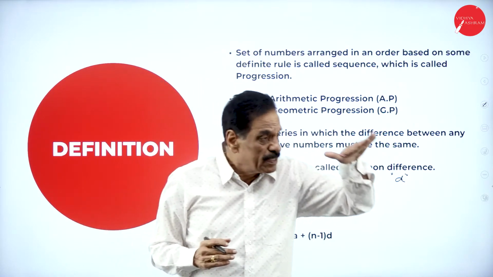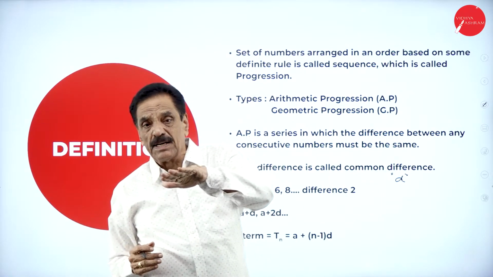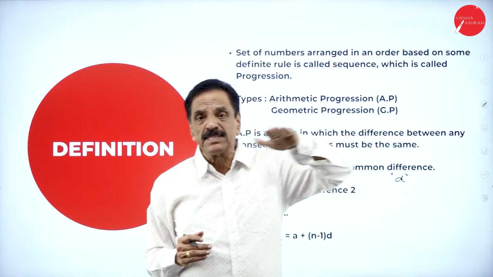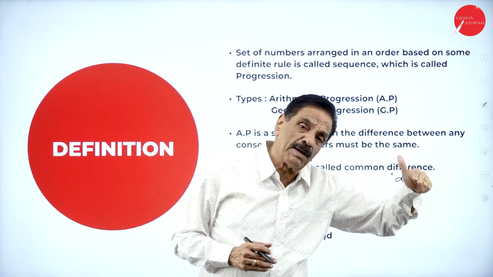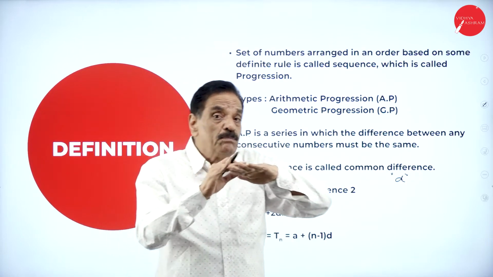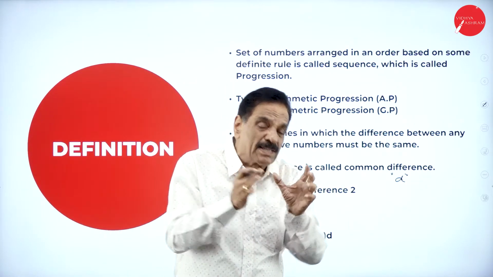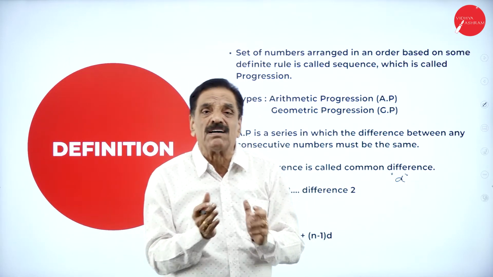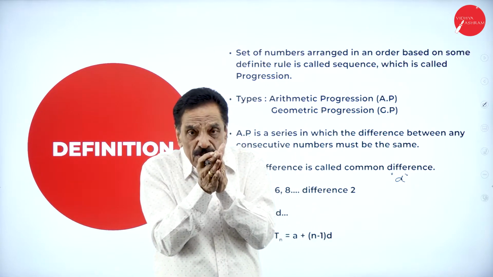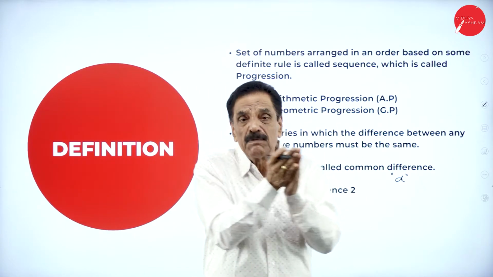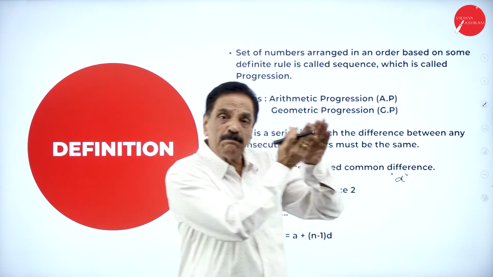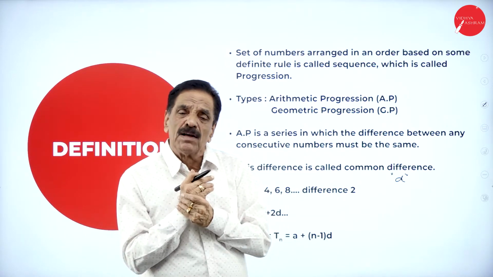How is it known? Second number minus first number, third number minus second number, fourth number minus third number. It should be between consecutive numbers, and that difference should be the same.